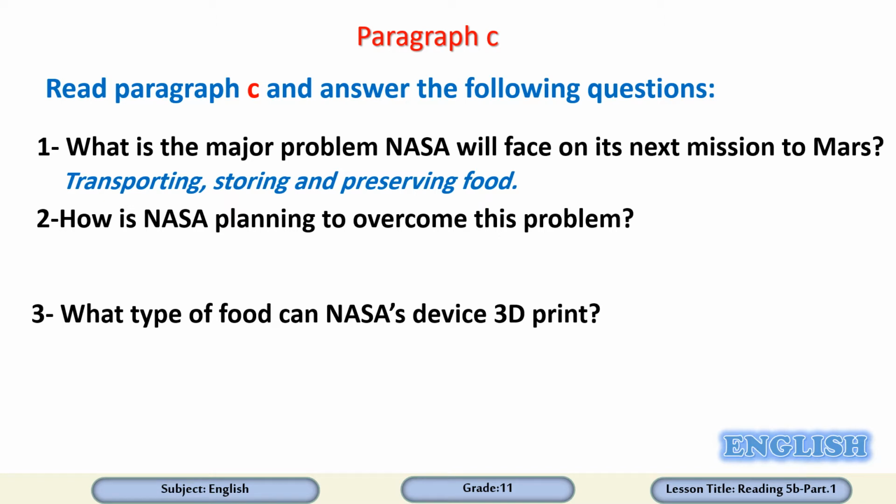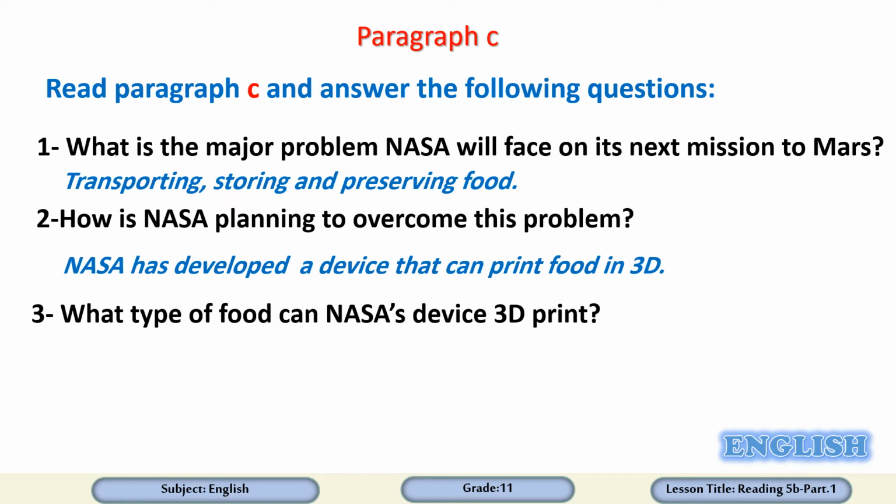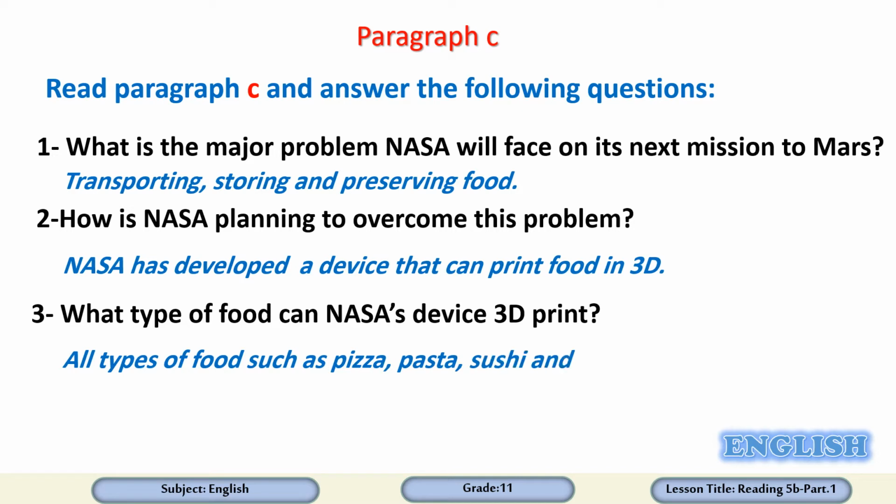Very good. NASA has developed a device that can print food in 3D. Question number 3. What type of food can NASA's device 3D print? Excellent answer. All types of food, such as pizza, pasta, sushi, and cheese.